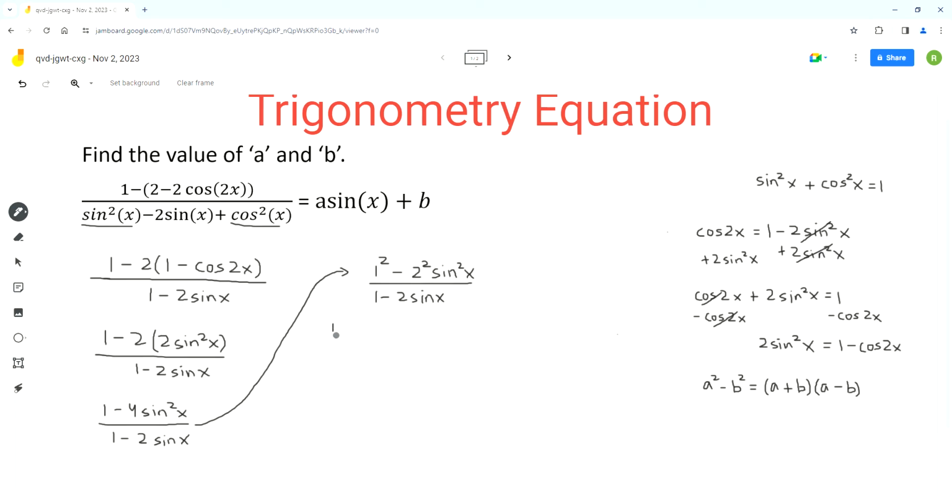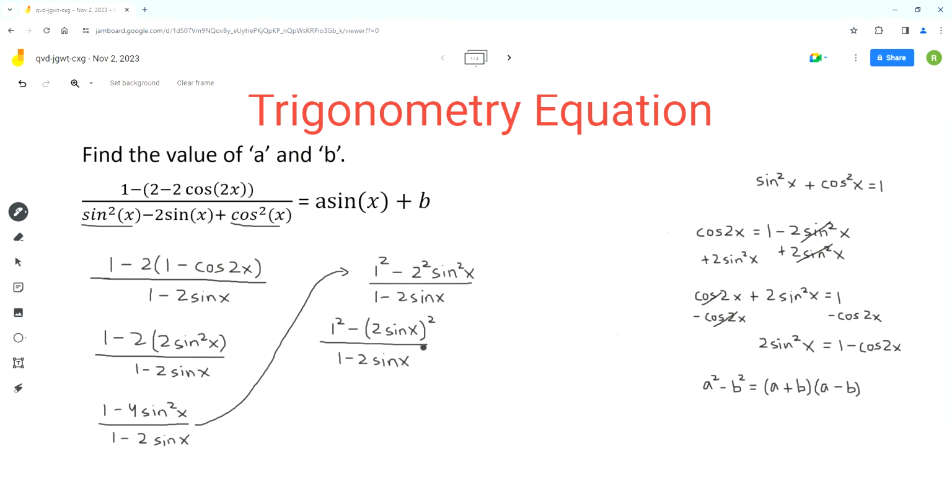Now we can combine the 2 square and sine square x into a single parenthesis. So we can write 2 sine x and we'll put a parenthesis around both of them and put a square outside. So this changes the numerator expression into a difference of squares expression.